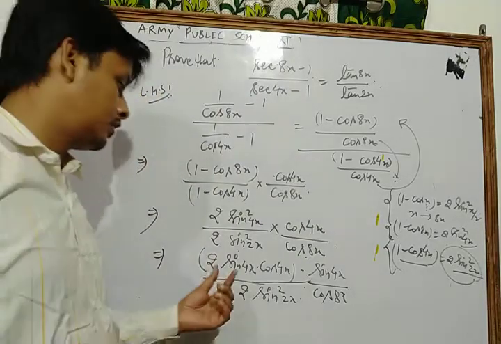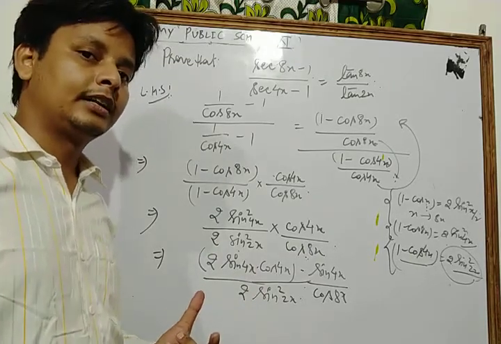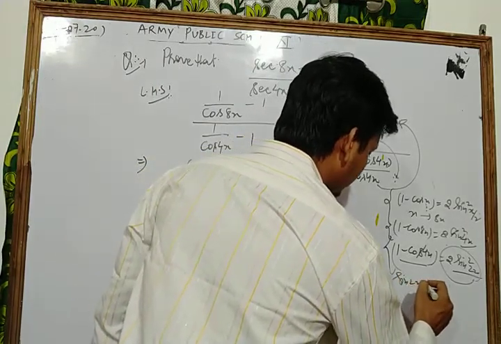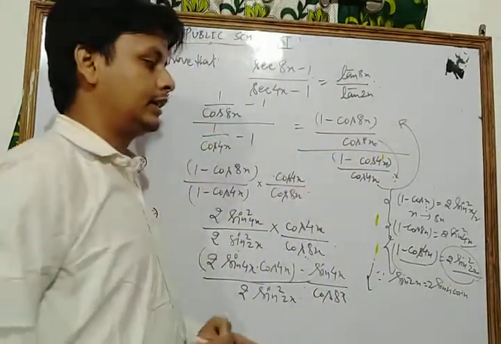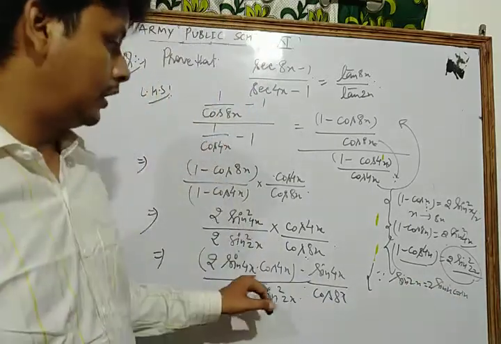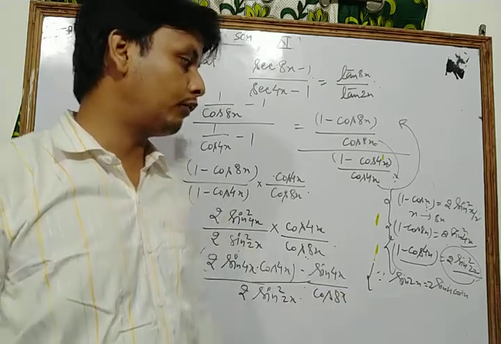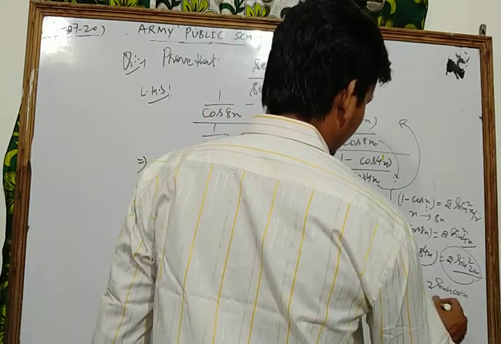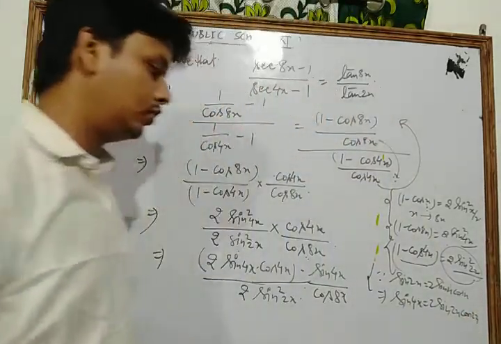Now this is 2 sine x cos x. What is the formula of that? That is sine 2x. We know that the formula for sine 2x is 2 sine x into cos x. Then if we replace x by 2x, we get sine 4x equal to 2 sine 2x into cos 2x.